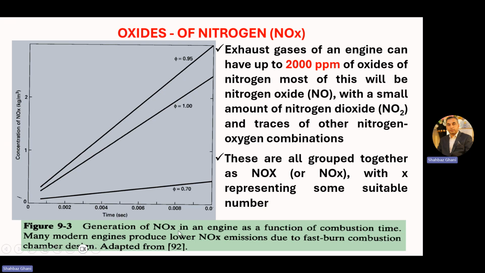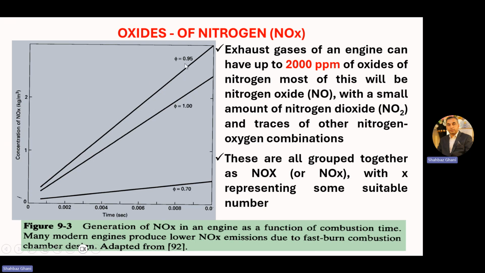Now, generation of NOx in an engine as a function of combustion time. Many modern engines produce lower NOx emission due to fast-burn combustion chamber design. On our x-axis, we have the time frame. On our y-axis, we have the concentration of NOx.